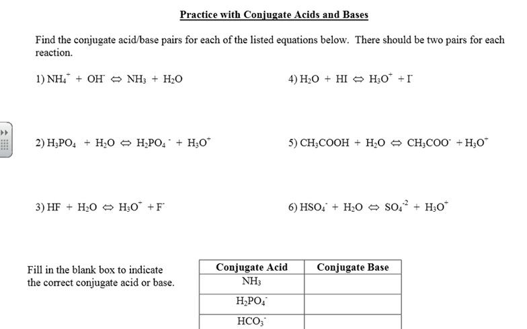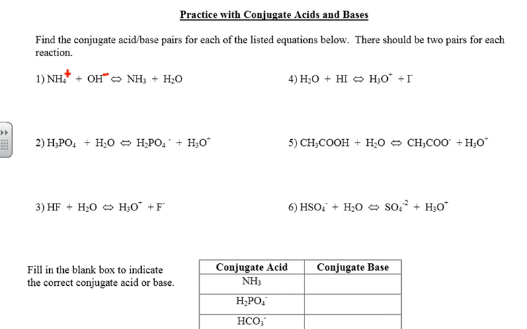All right, so now we're going to do a little more practice with identifying conjugate acids and bases. The first thing you have to do is identify the Brønsted-Lowry acids and bases. So start by looking at the reactant side. And you'll notice what we have here is ammonium and hydroxide. And on the product side, you'll see ammonia and water.